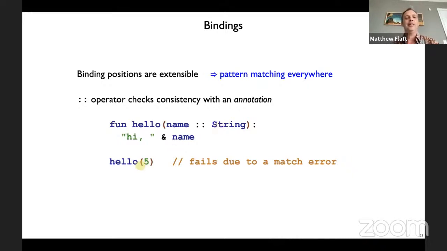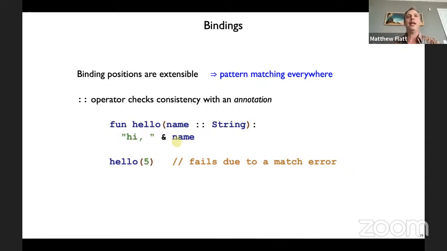So here what this means is if I put a pattern in hello as the argument, then every time I call the function, the pattern would have to match. In this case, since I put this annotation string on name, every time I call hello, it'll check that the 5 matches.